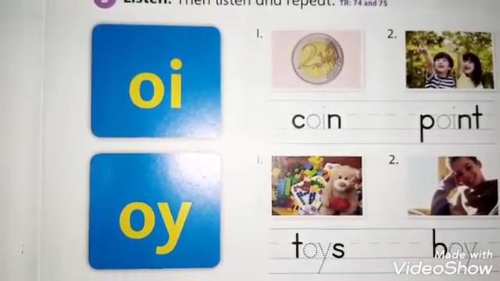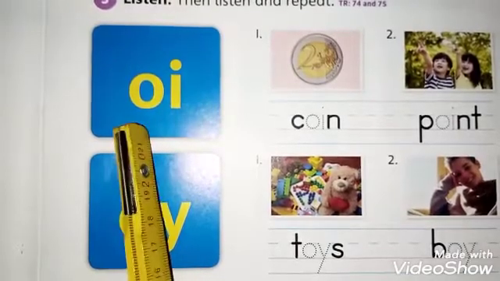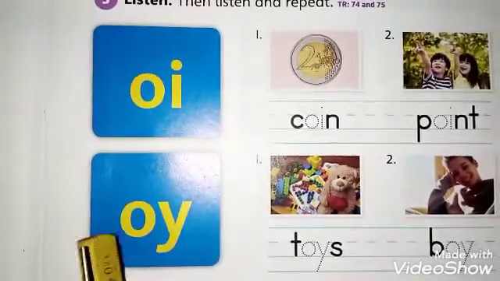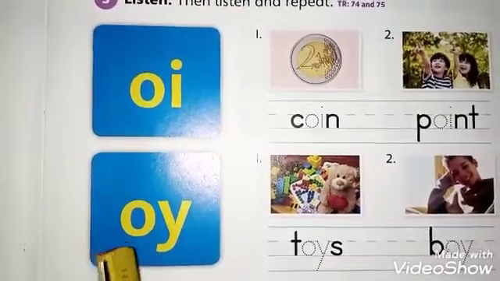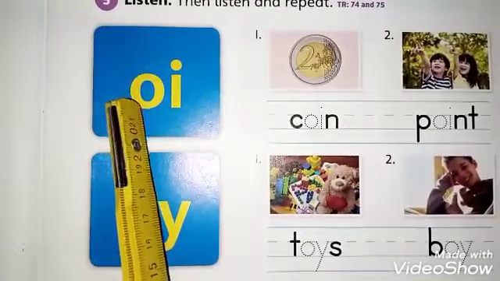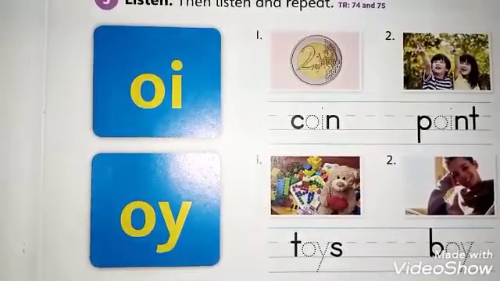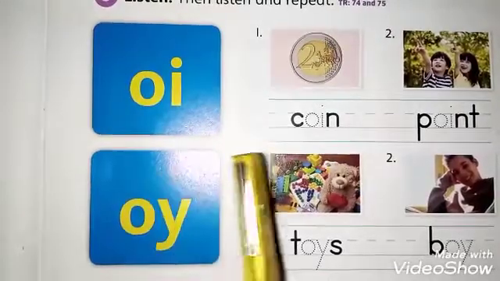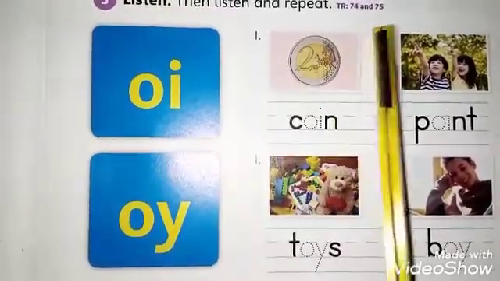Now, what letters do you see here? It is OI and OY. We can use OI and OY to spell the sound OI. Let's learn some words. Track 75.